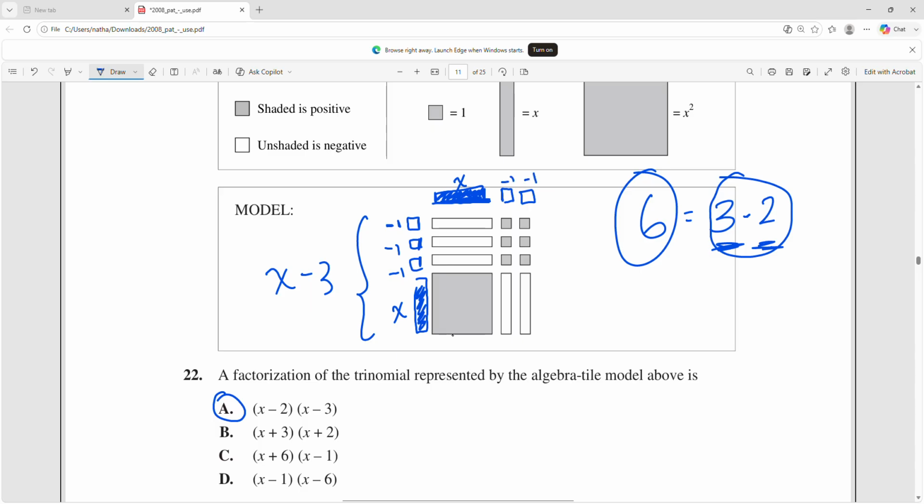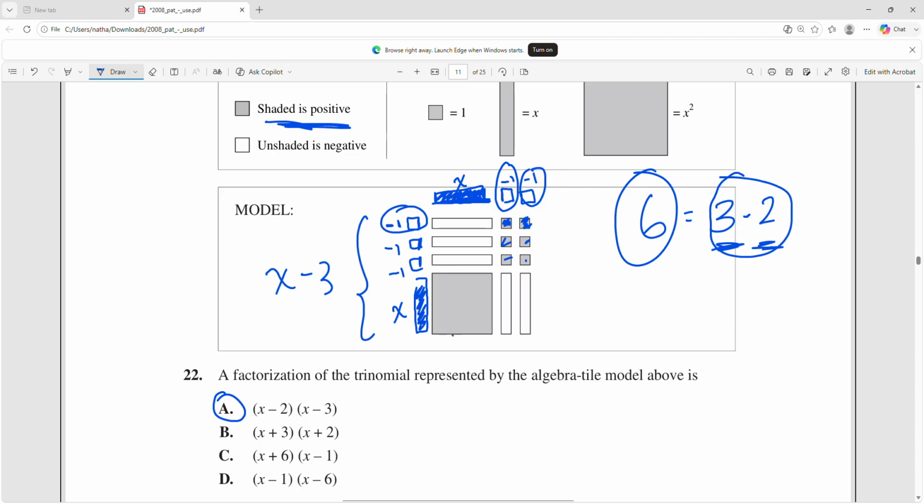It's like a negative 1, and that's a negative 1. So negative 1 times a negative 1 would give us a positive 1, which is shaded in this case. So that makes sense. Again, this negative 1 times this negative 1 would give us a positive 1, and remember, shaded is positive in this one. So this all makes sense.